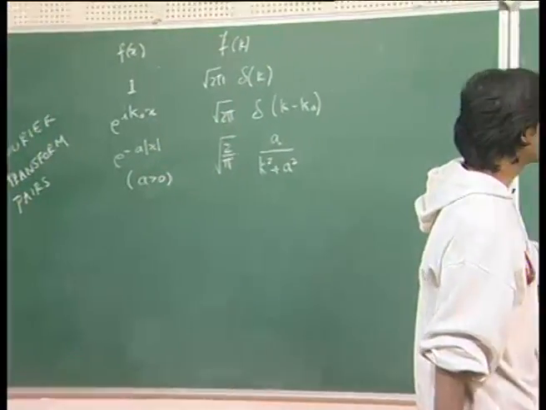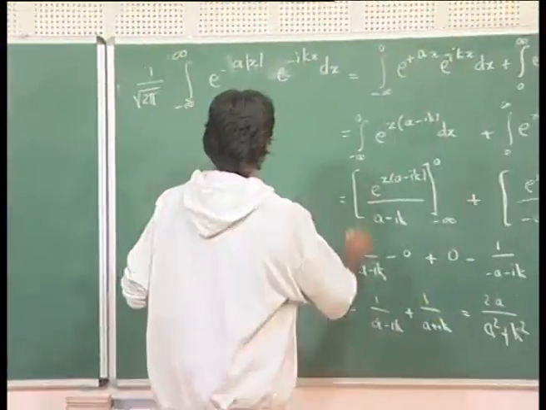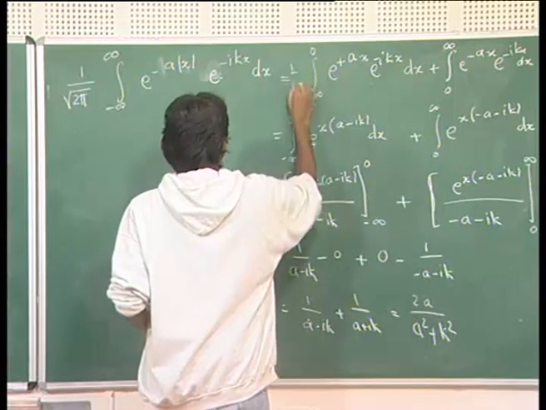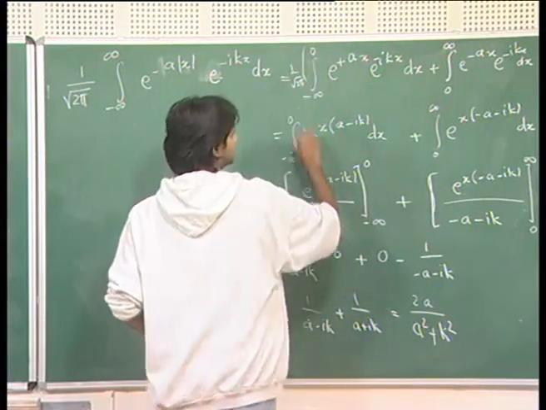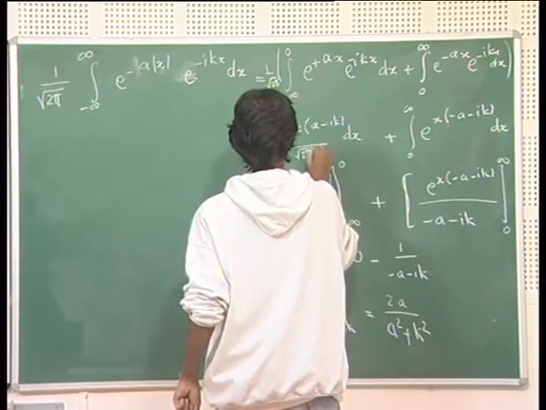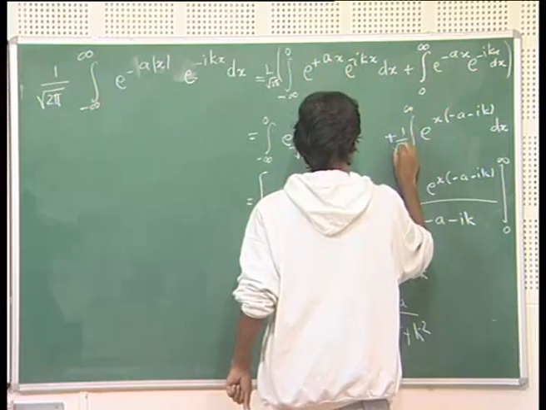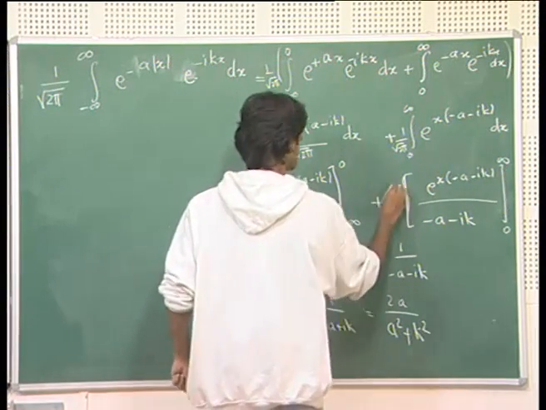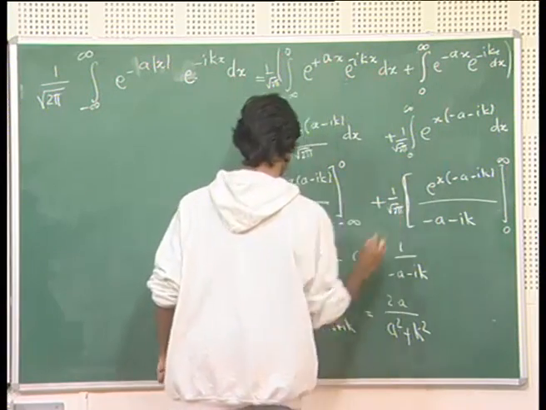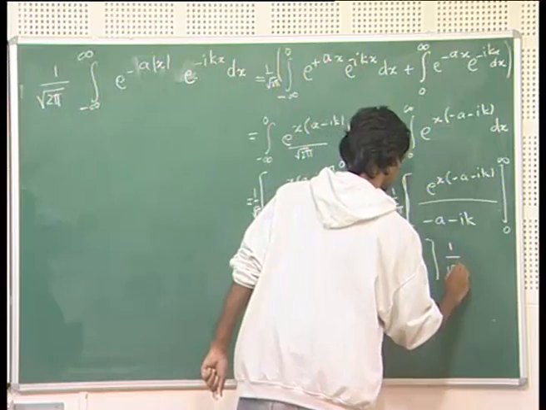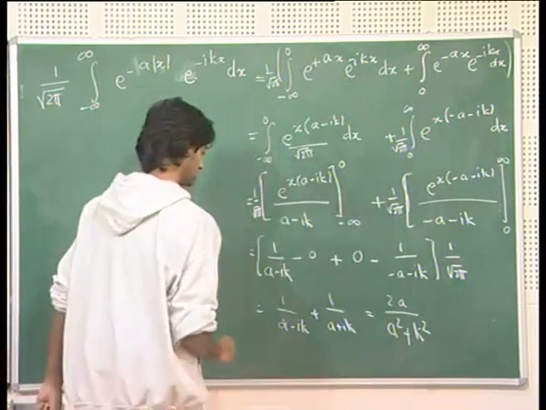I should have had a 1 over root 2 pi hanging around everywhere, so this whole thing should be divided by root 2 pi.